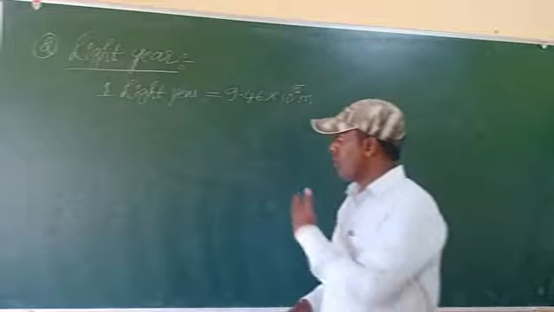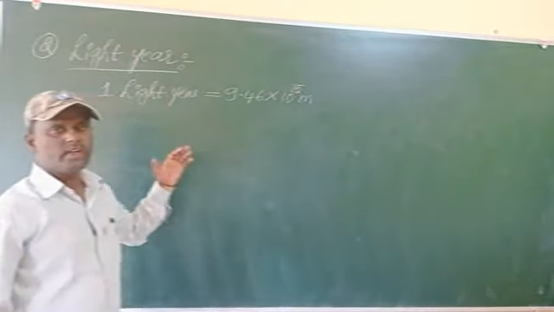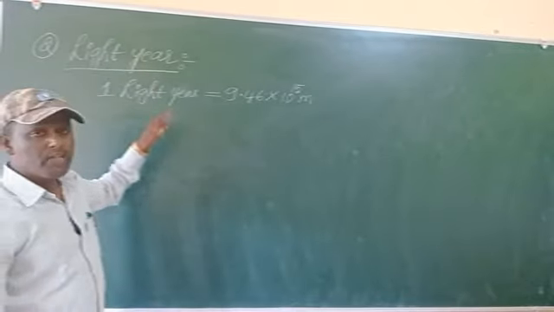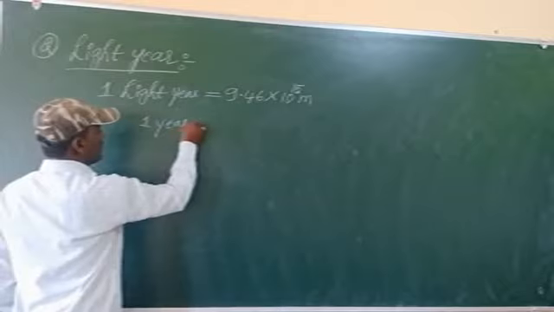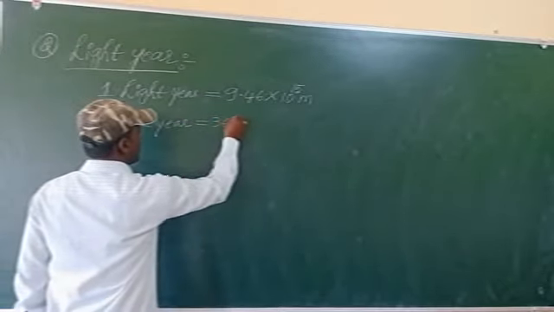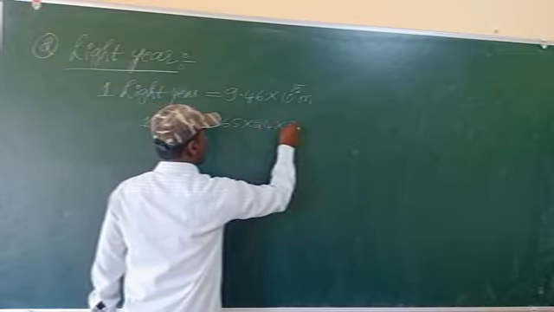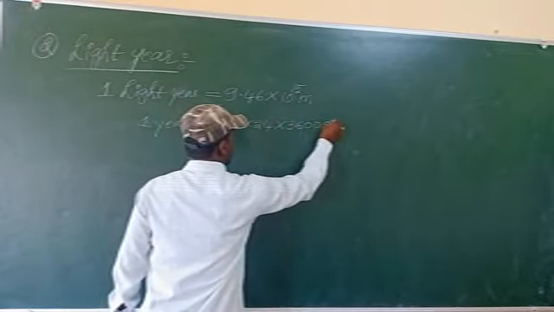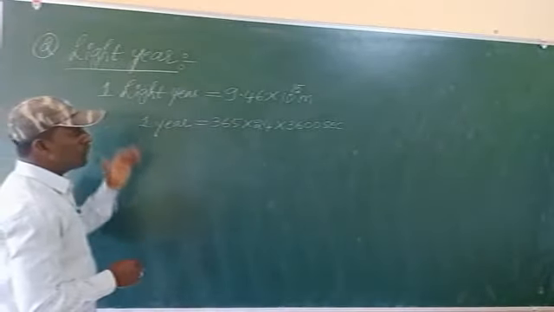So how to find this? See here, the time is 1 year. 1 year means 365 into 24 hours into 3600 seconds. And what is the speed of light?